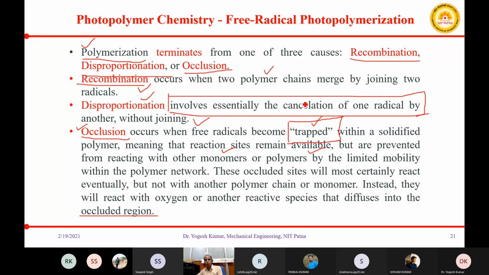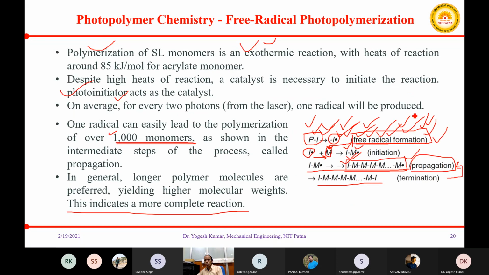So these are the four stages of the polymerization process. First, your free radical is formed. Then this free radical reacts with liquid monomer available in your SL resin.